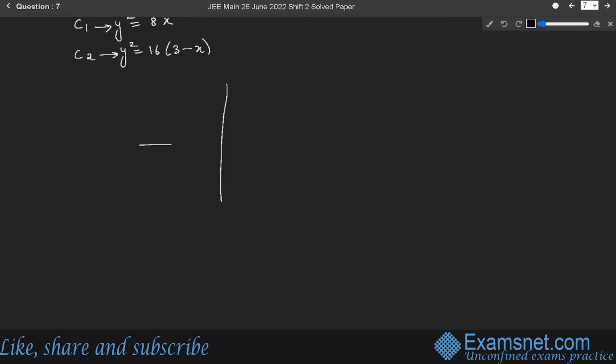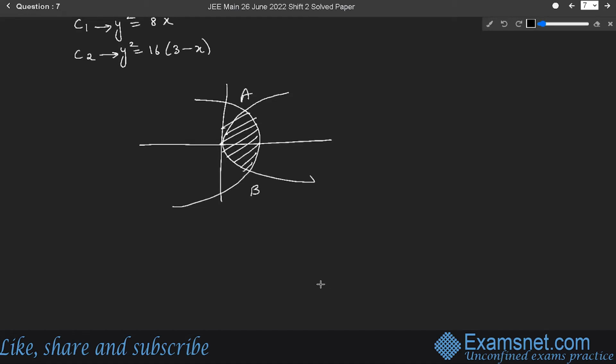So consider this as the required curves. Let this be one curve and let this be another curve. So this is the shaded region which we have to find. Let this point be A and let this point be B. This is 2 comma 4 and this is 2 comma minus 4.